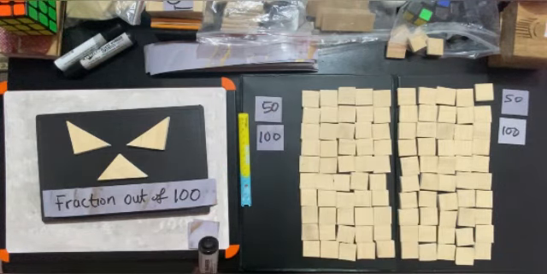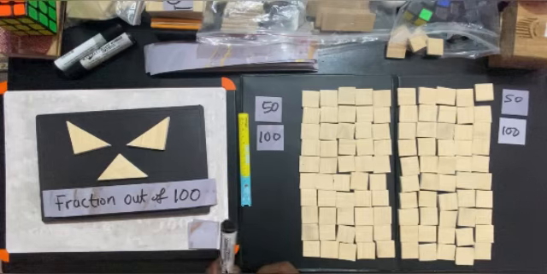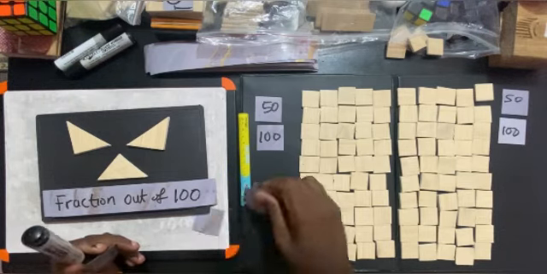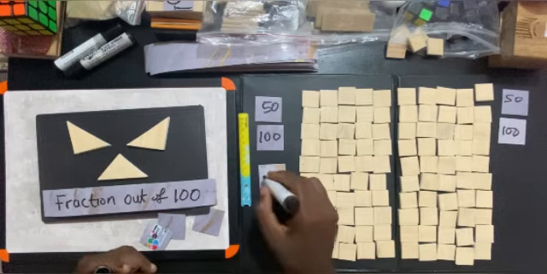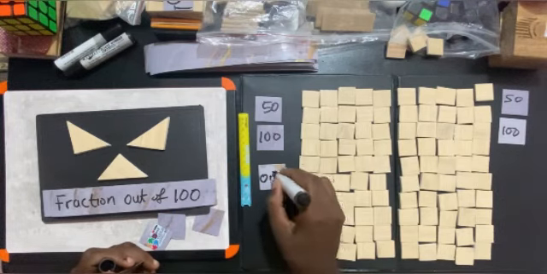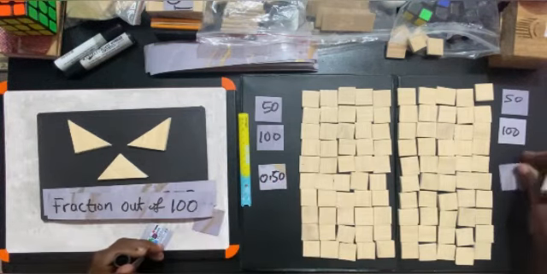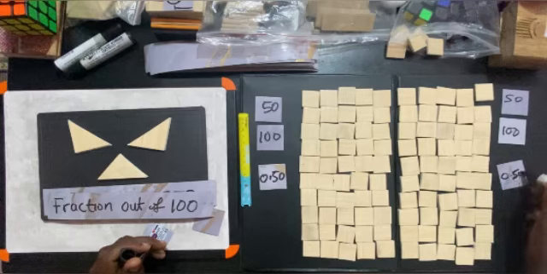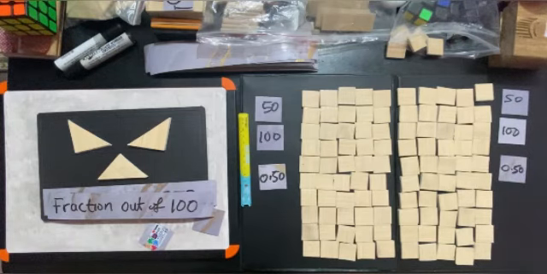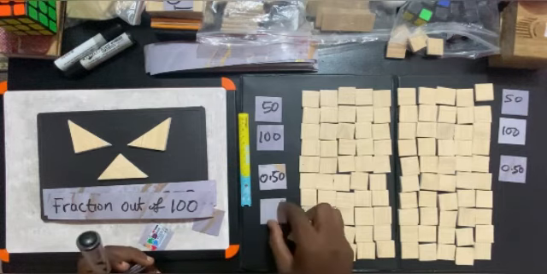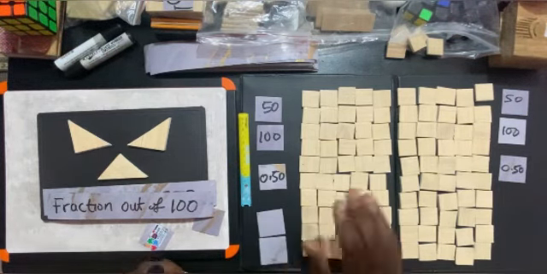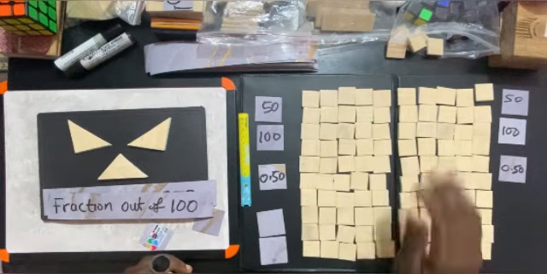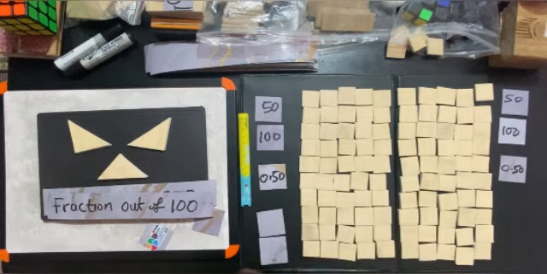Now 50 out of 100, we can also write as 0.50. This is also 0.50. Another way of writing the fractions is as 2 parts, even though they're 100 little bits.